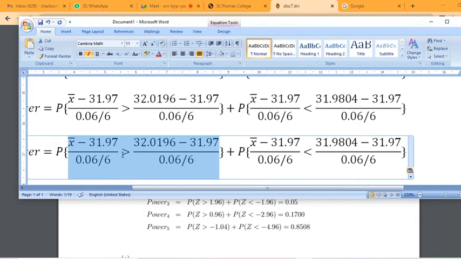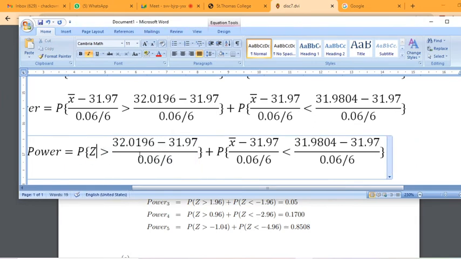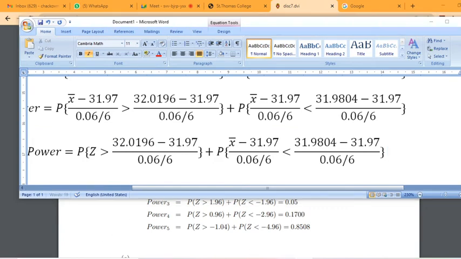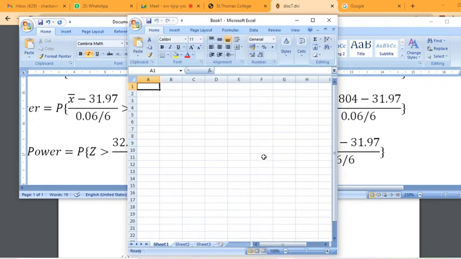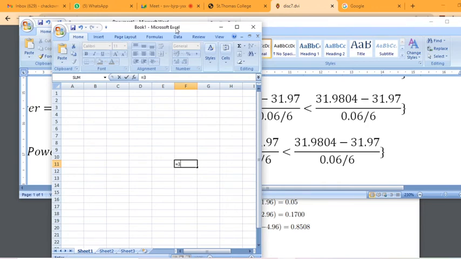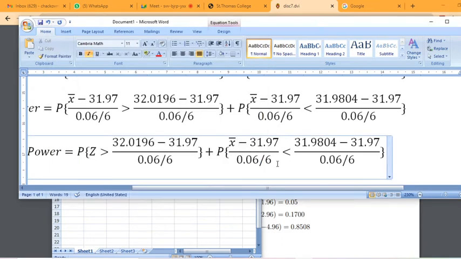Instead of this one, we can write it as Z. What is this difference? 32.004 minus 31.97 is 0.0104, and we can divide with 0.01, so this value is 1.04.